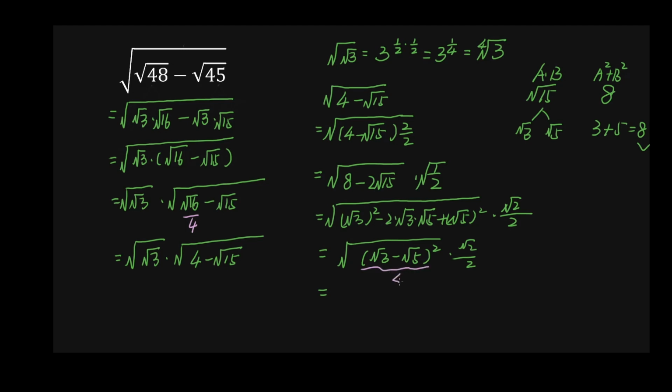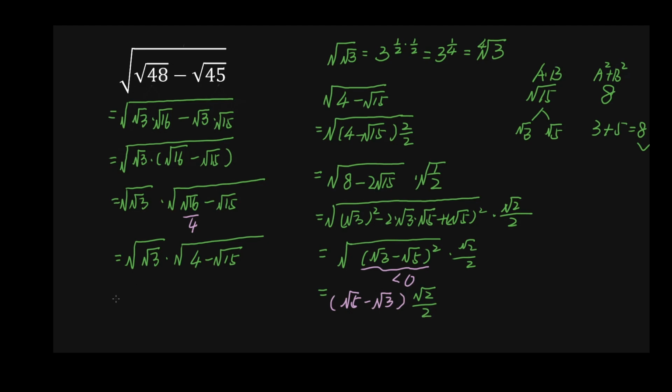This is less than 0, so we should write square root 5 minus square root 3, and use this times square root 2 over 2.